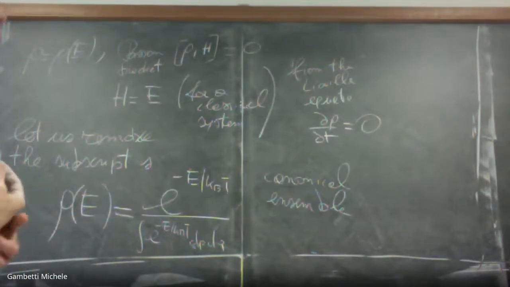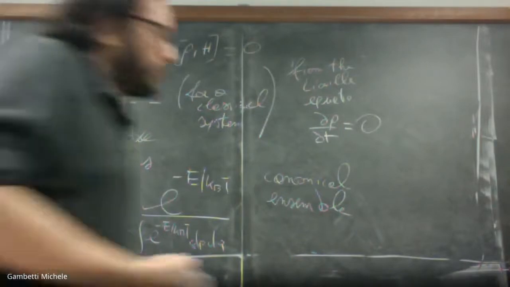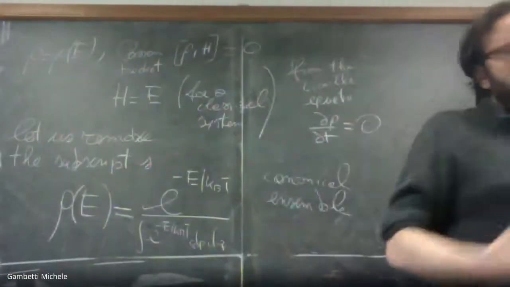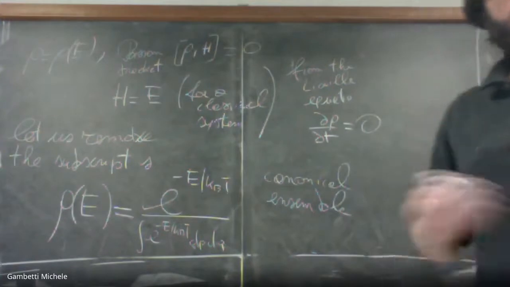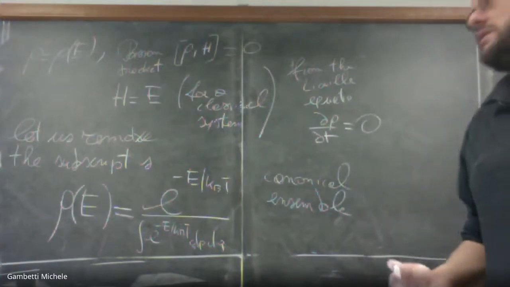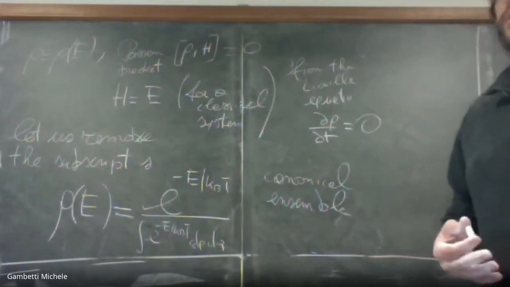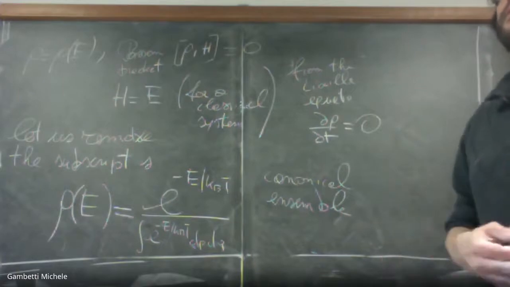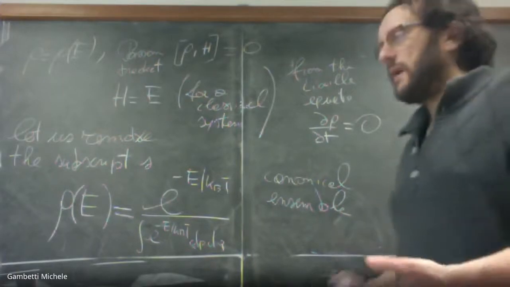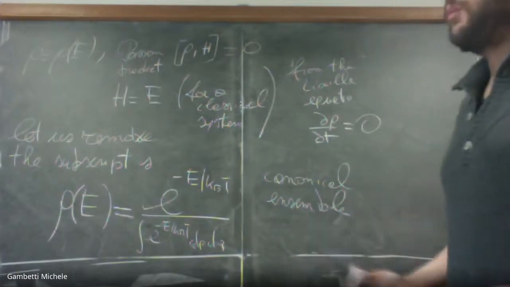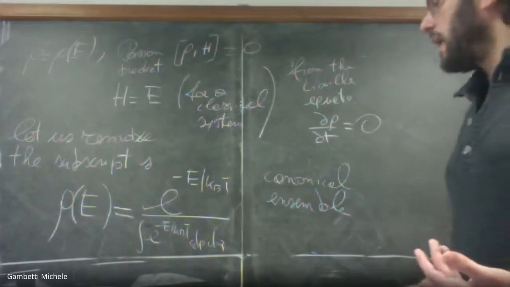Okay? So it will allow me to compute the average values of all the quantities I'm interested in, but these average values now are computed in the canonical ensemble instead of the microcanonical ensemble.